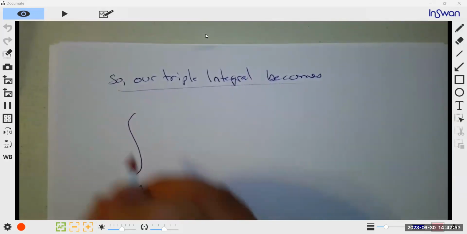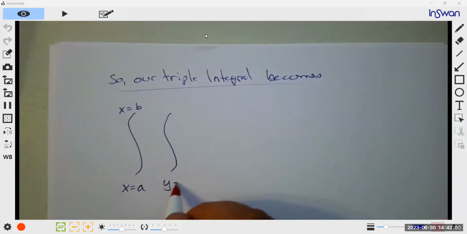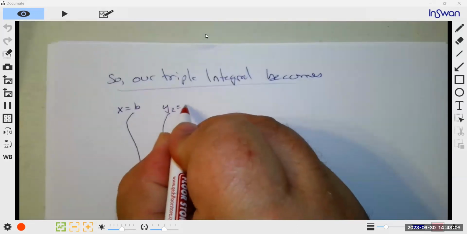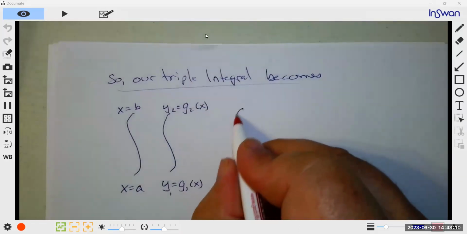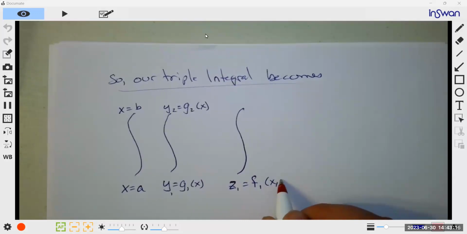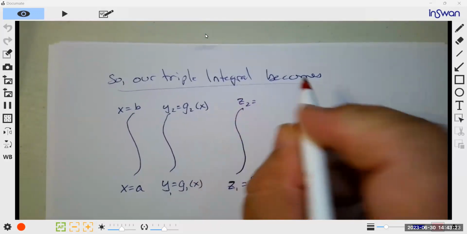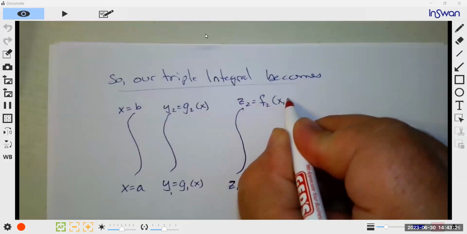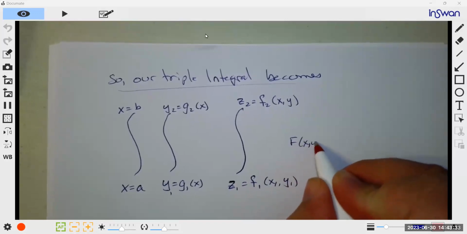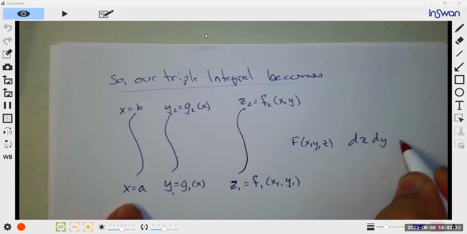We have x equals A, x equals B, y equals g1 of x, y equals g2 of x, z1 is f of xy, and z2 is f of xy there of our function. Since we have z here, then y, then x.